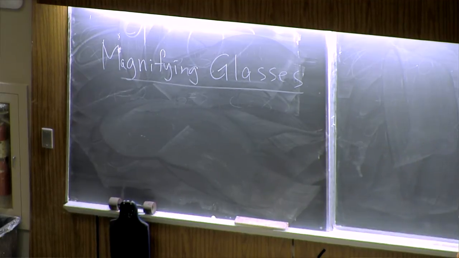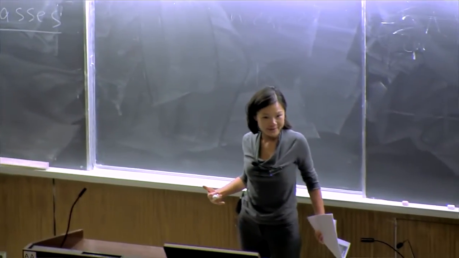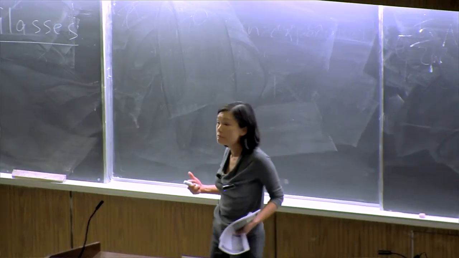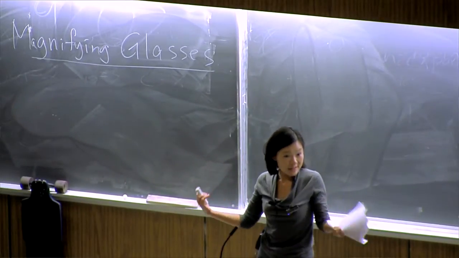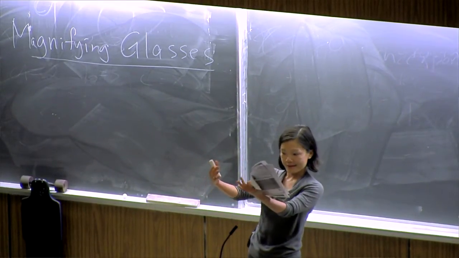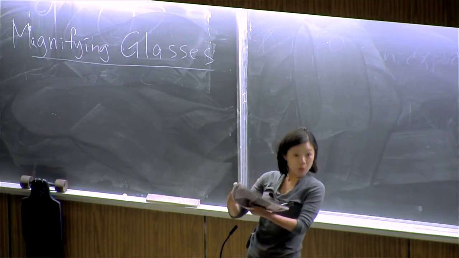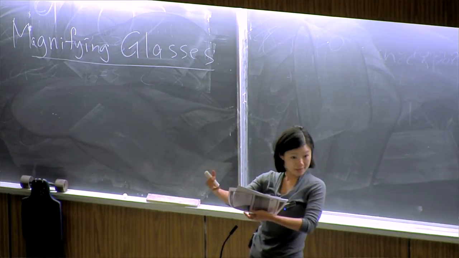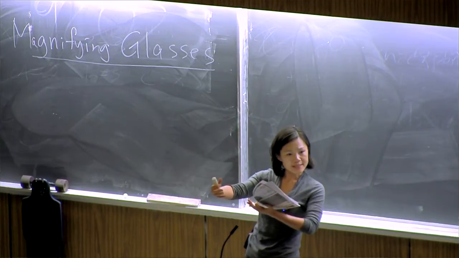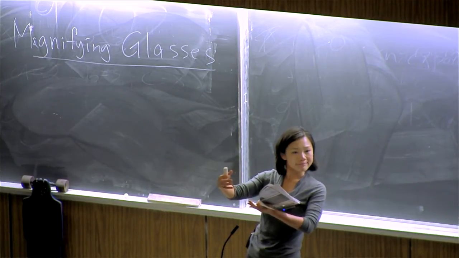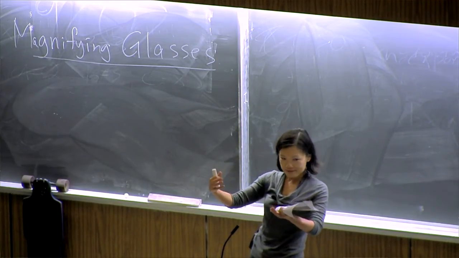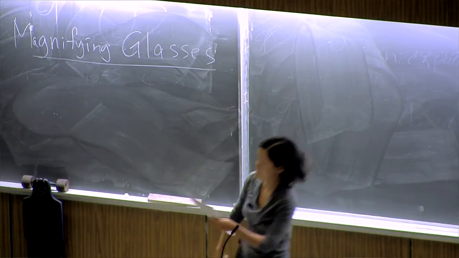So what does a magnifying glass do? What is its purpose? It enlarges the image, meaning it lets the object get closer to the near point, which is, what's the near point distance for normal eyes? 25 centimeters. Yeah?